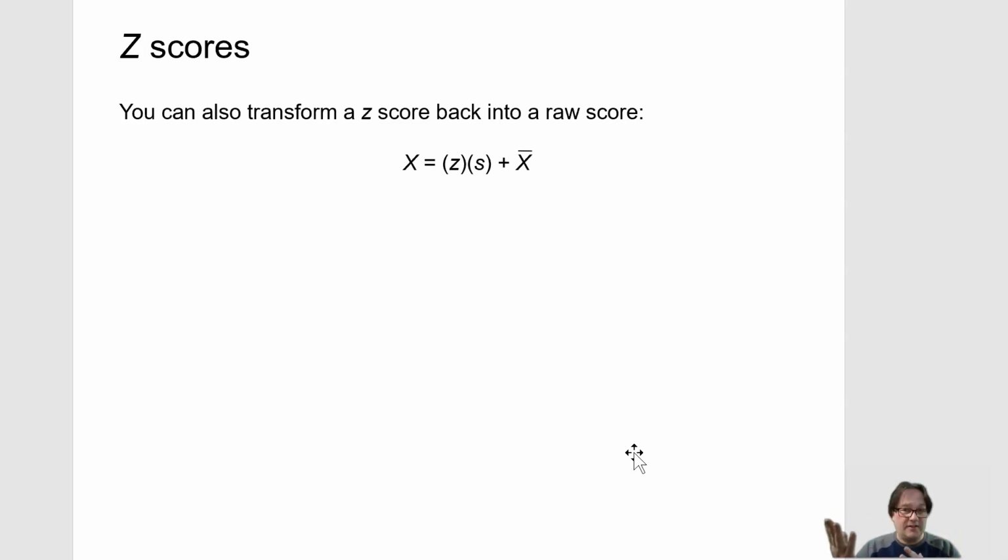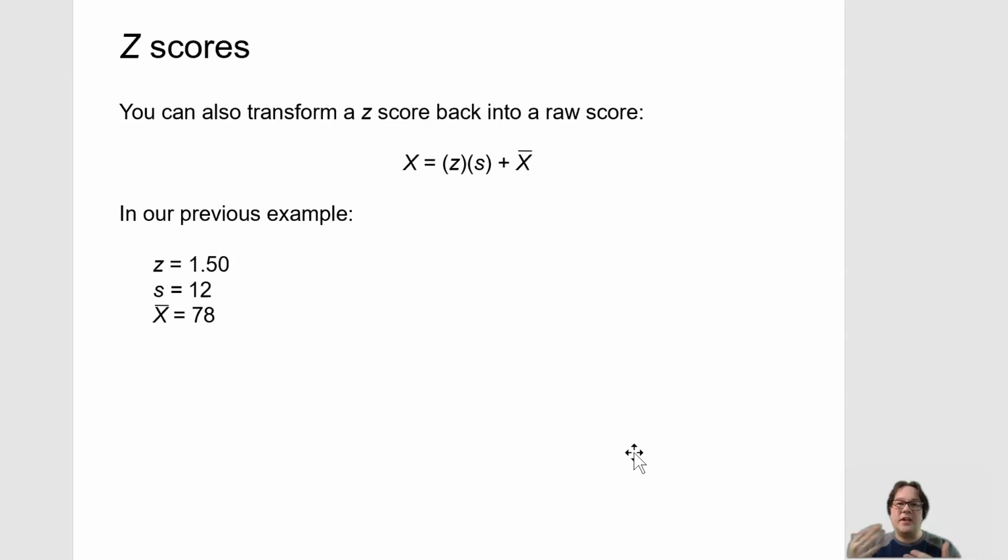You have a z-score and you want to convert it back to a raw score. So the raw score, or x, is going to equal the standardized score, or the z-score, times the standard deviation plus the mean. Okay, so this is just one of those formulas that you're going to have to remember or keep in your notes. Okay, so in our previous example, your z-score was a 1.5.